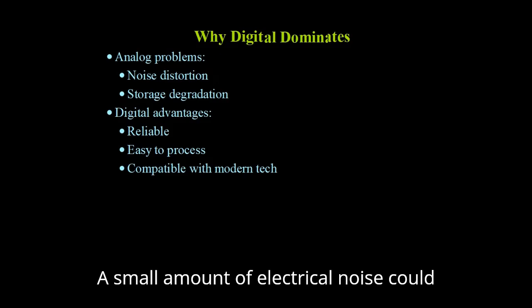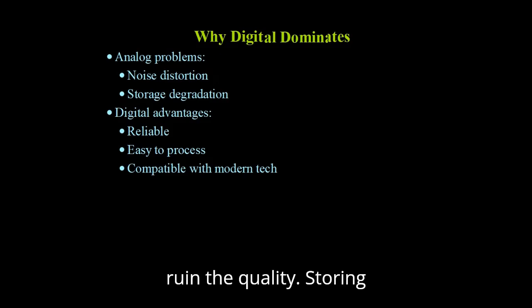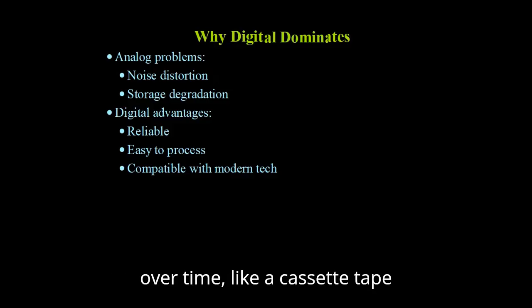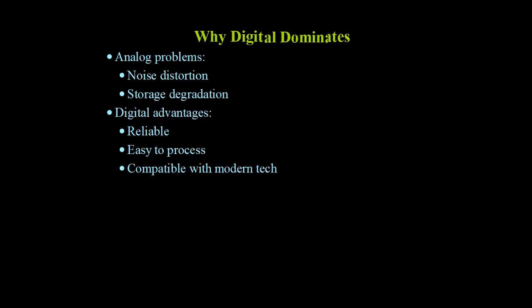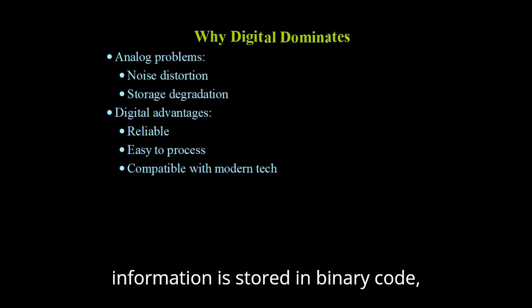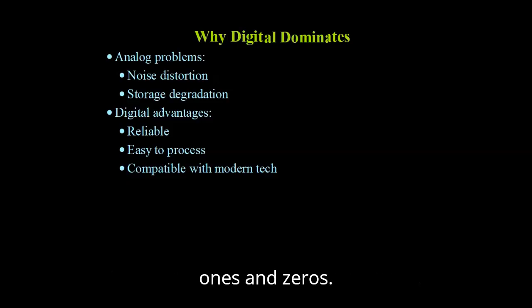A small amount of electrical noise could ruin the quality. Storing and copying analog data degraded it over time, like a cassette tape wearing out after many plays. Then came digital technology, where information is stored in binary code, ones and zeros. That changed everything.